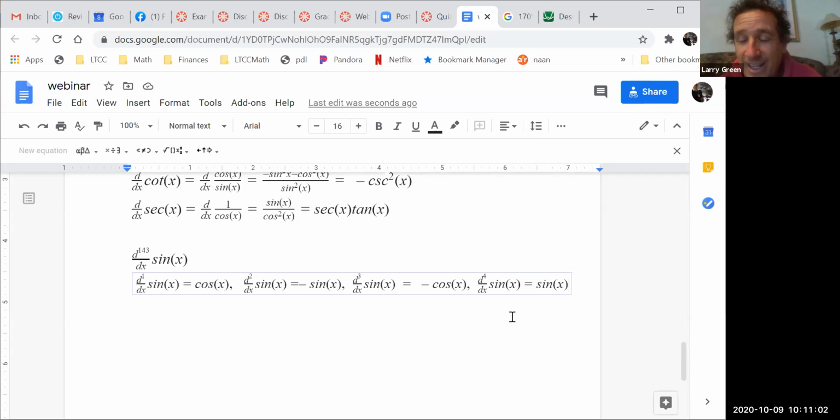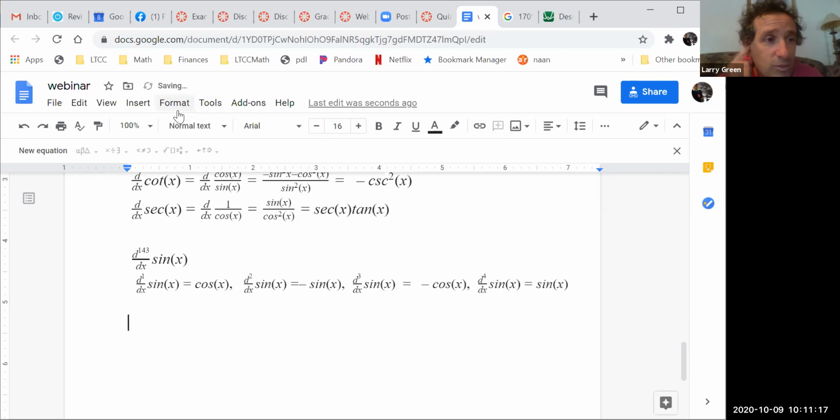That's periodicity. All right, so in particular, all we need to do is find the remainder of 143 when you divide by 4. So what is 143 divided by 4? Or in other words, let me write the computer science way of doing it. What is 143 mod 4?